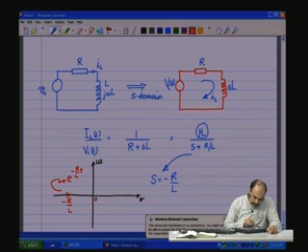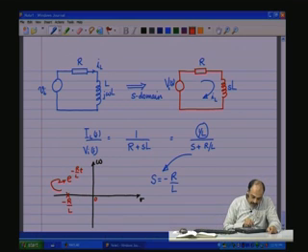And here again, as the pole starts moving closer to 0, it means that either R is becoming 0 or L is becoming large.